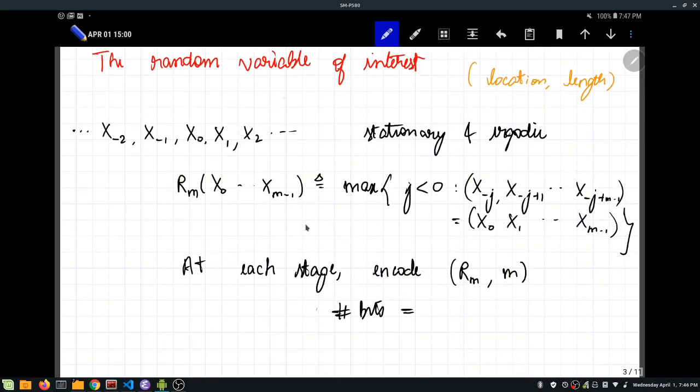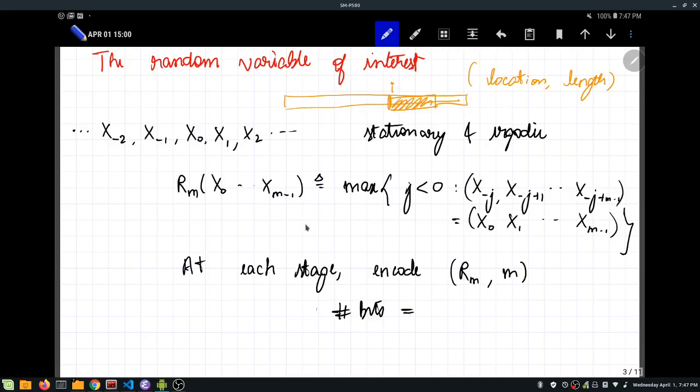Suppose you have this sequence, your location i, and suppose this is the next phrase. Then you basically want to know how far behind do you have to look in order to find this match.